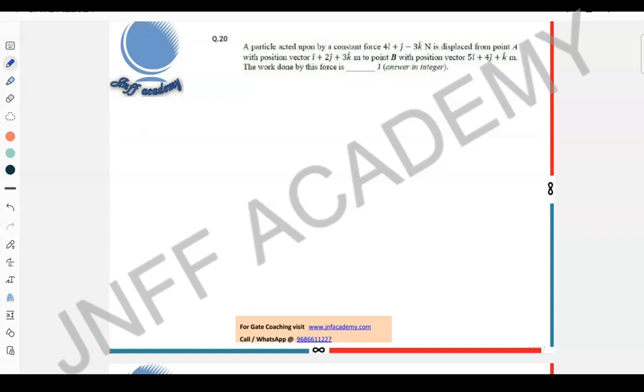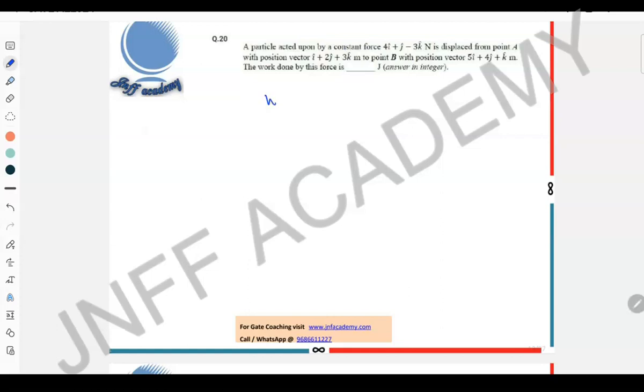Question number 20. A particle acted upon by a constant force 4i plus j minus 3k Newton is displaced from a point A with position vector i plus 2j plus 3k meter to point B with position vector 5i plus 4j plus k meter. The work done by this force is how much joule?